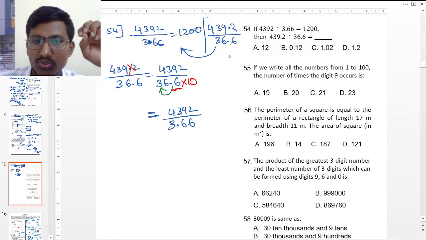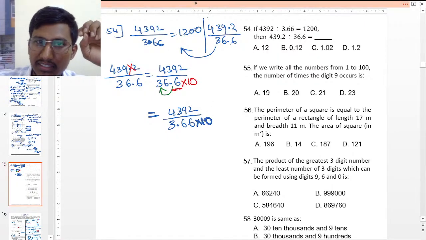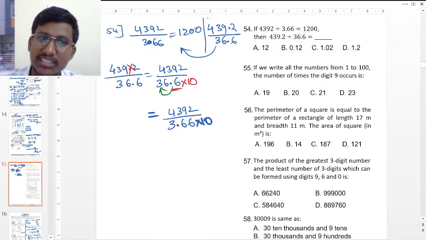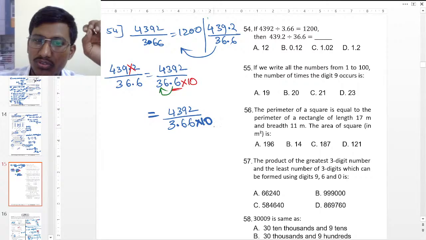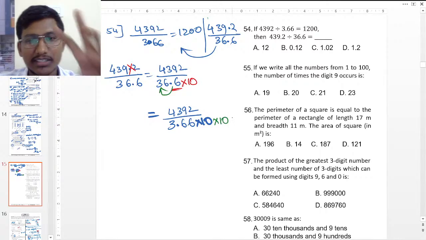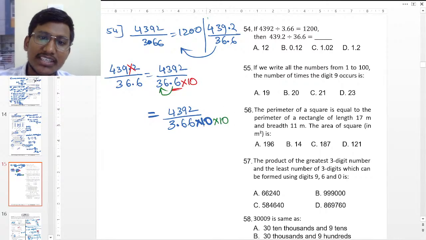Okay, so it will be into 10 in the denominator only. So it will come as 100.